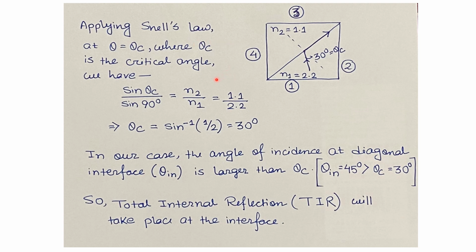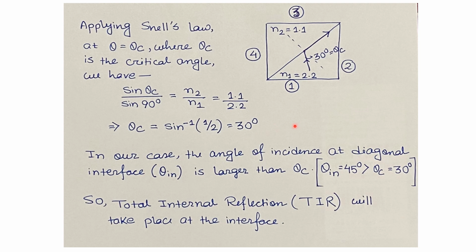Now applying Snell's law, we get sin theta c divided by sin 90 degrees equals N2 by N1, which is basically 1.1 by 2.2. So our theta c, the critical angle for total internal reflection, is sin inverse half, that is 30 degrees.